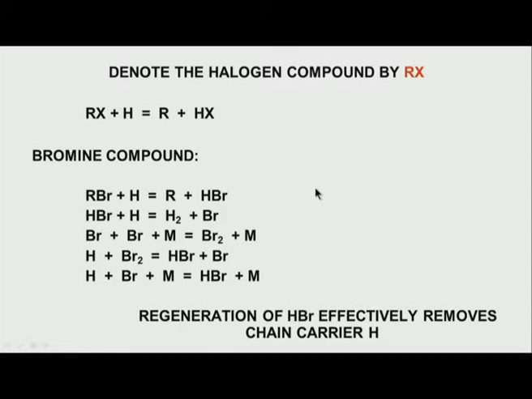In the absence of chain carriers, therefore, you do not get an explosion, namely a long induction time followed by the spurt in the reaction, and this is how the halogen compounds like RX are effective in removing the chain carriers and inhibiting the chemical reaction, which could lead to an explosion.